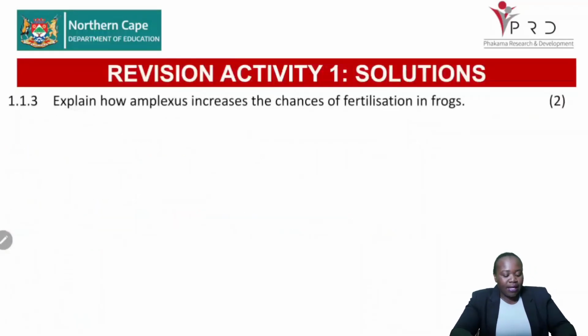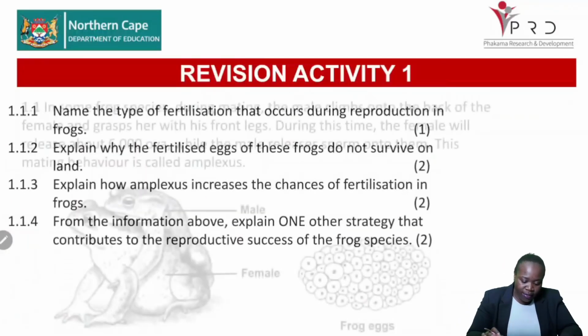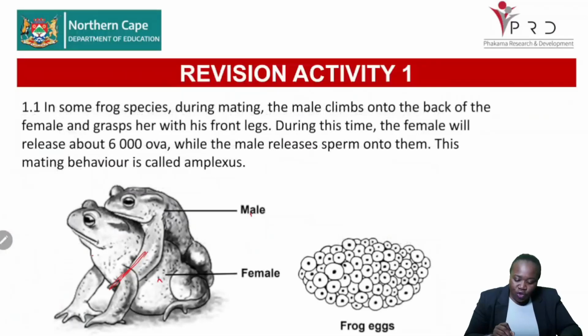1.1.3, explain how amplexus increases the chances of fertilization in frogs. Right, so remember it said here, let's just have a look at that again. It says during this time the female will release 6,000 ova, while the male releases sperm cells onto these ova.